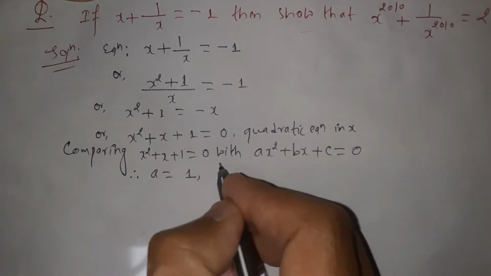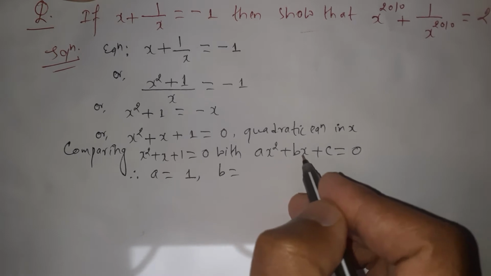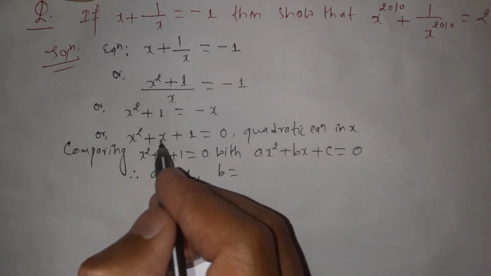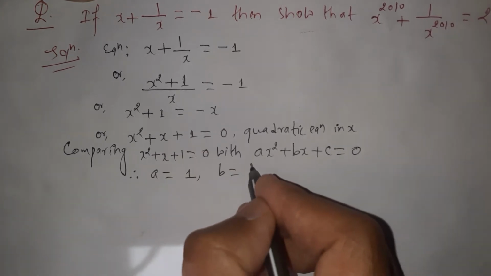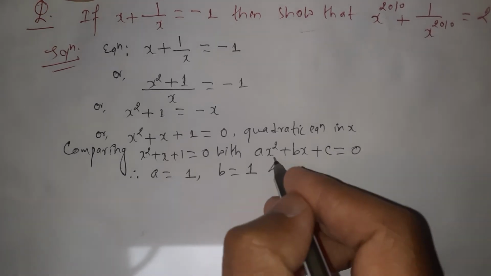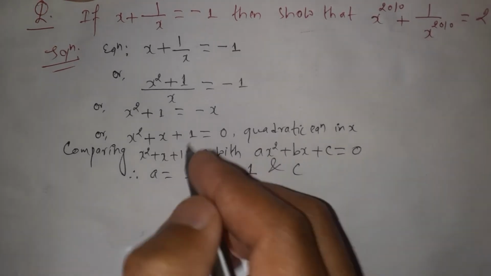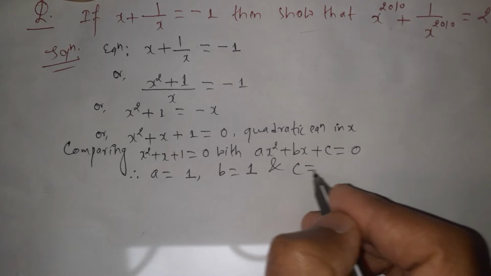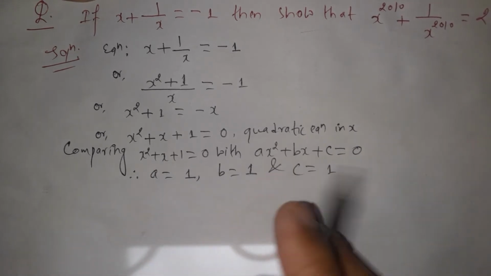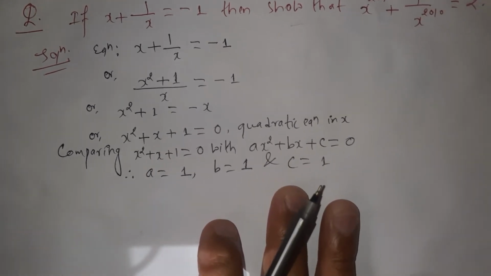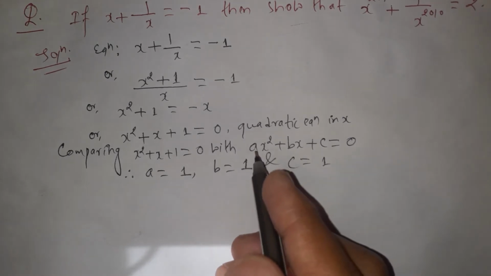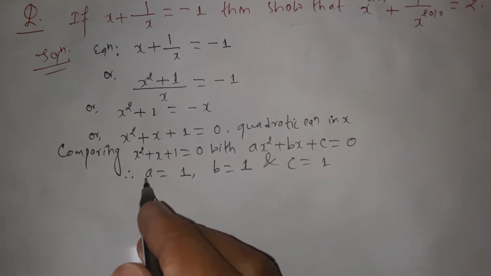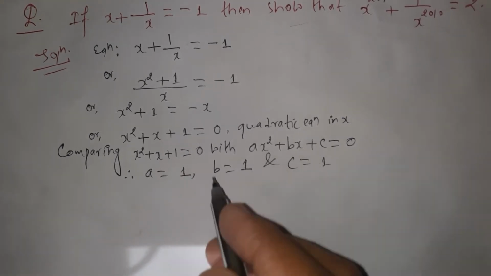Here b is the coefficient of x, and in our equation the coefficient of x is 1, so the value of b is also 1. Here c is the constant term, and in our equation the constant term is 1. Here we compare the given quadratic equation with the standard form, and we find all the values of a, b and c.